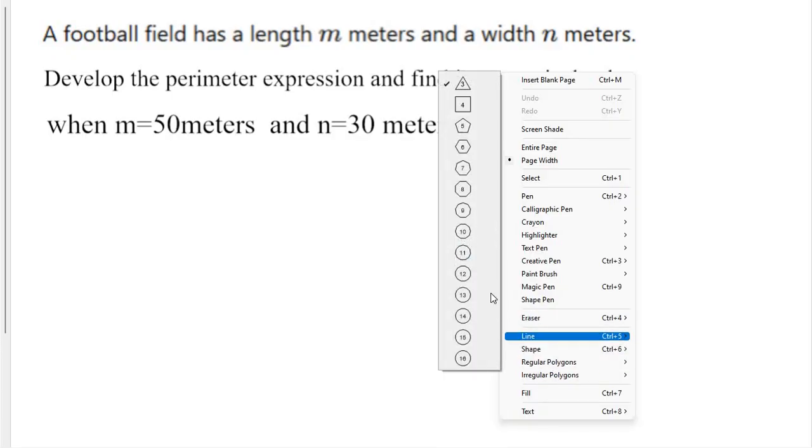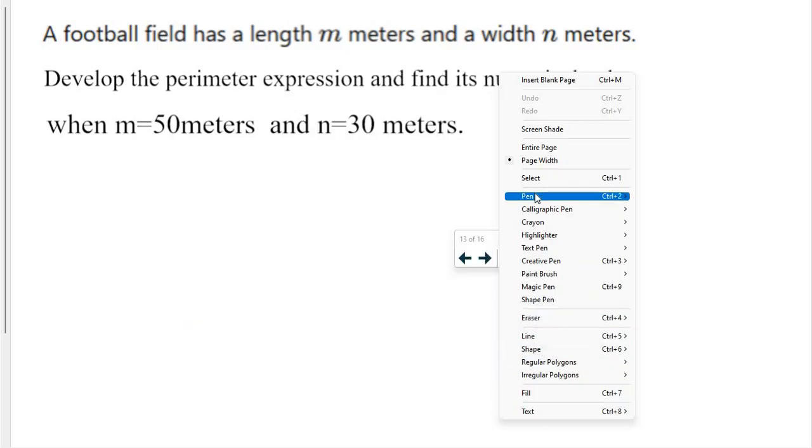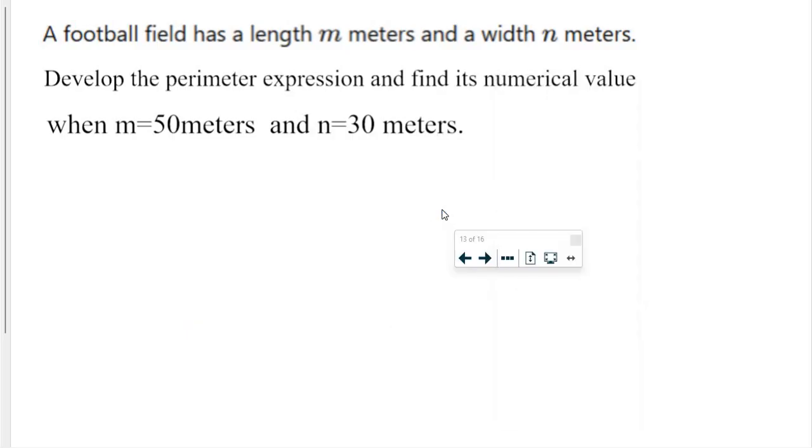Now, this question here, let us try to highlight this. This question says a football field has length m and width, or breadth, as some other people call it.